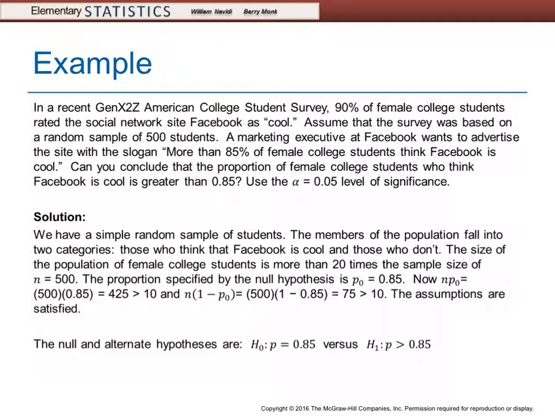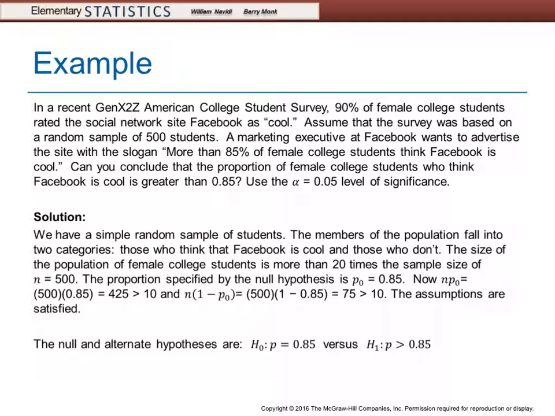So going back to the previous problem where 90% of the female students rated the social network site Facebook as cool, and the survey was based on a random sample of 500, the question is, can the executive of Facebook that wants to advertise the slogan "more than 85% of the female students think Facebook is cool" actually do that?